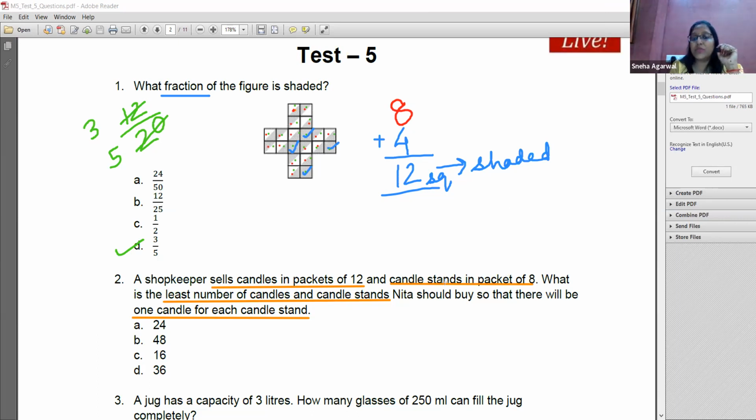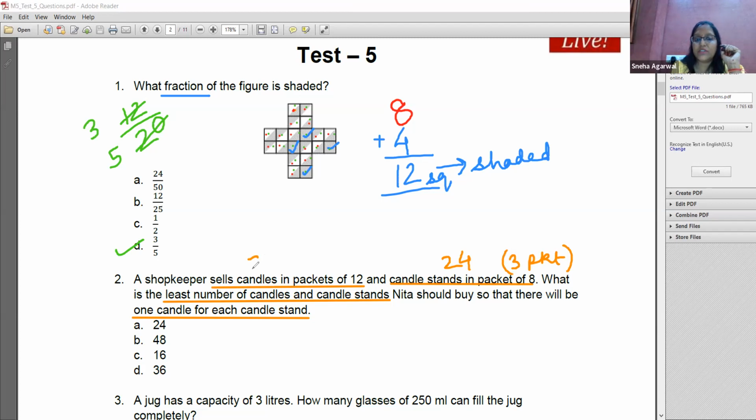Now again you need more stands, right? So that you have one candle for each candle stand. Also you need the same number of candles and candle stands. So if you purchase 16 candle stands, that will also not give one candle stand for one candle. If you have 24, that means if you purchase 3 packets of candle stands, you're getting 24 pieces, right?